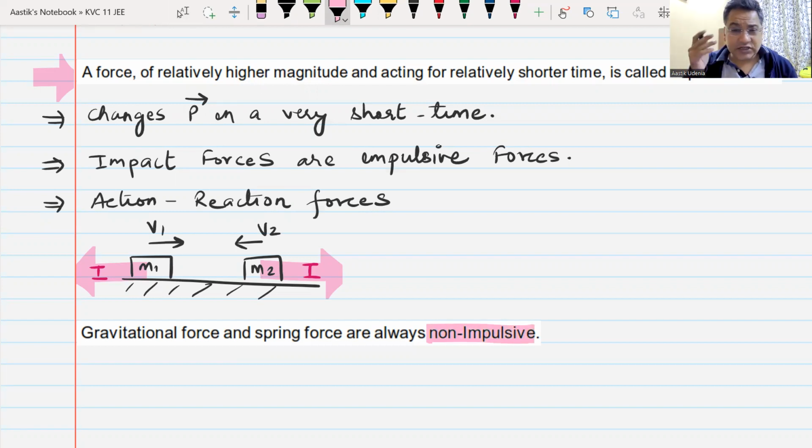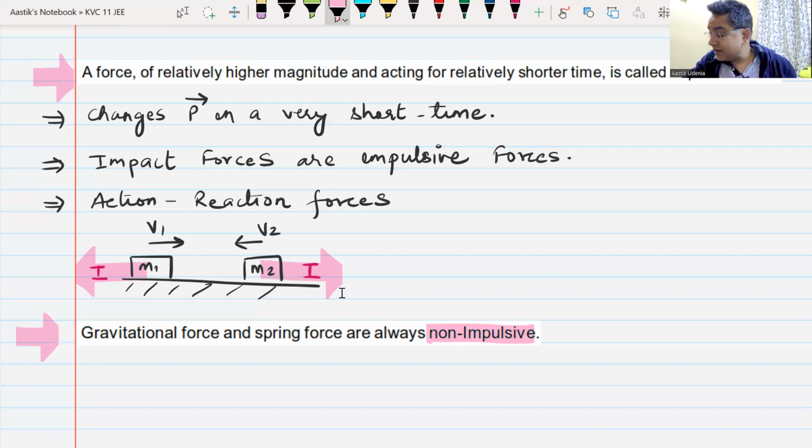So whenever there is a sharp impact like this, we can neglect these gravitational force and spring force because they are not going to create that much of an impact. So that is the next point that you must remember. Gravitational force and spring force are always non-impulsive.